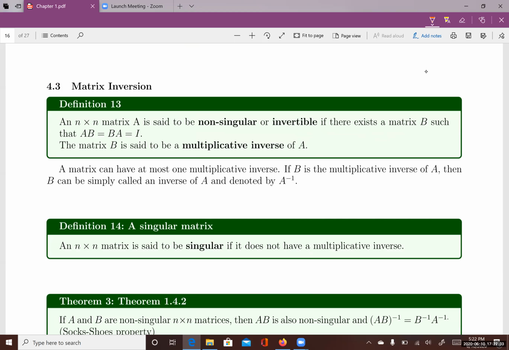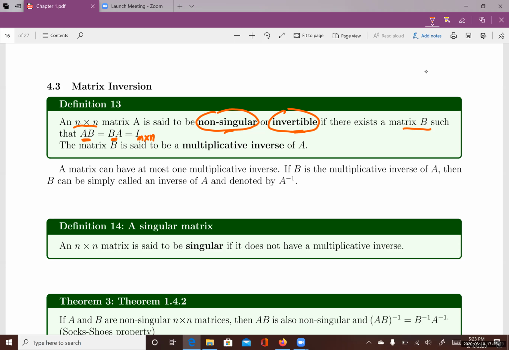Now we can discuss the matrix inversions that associate with the term non-singular, non-singularity, or invertible. A square matrix A is said to be non-singular or invertible if there exists a matrix B such that A times B is the same as B times A and equals I, which is the identity matrix.